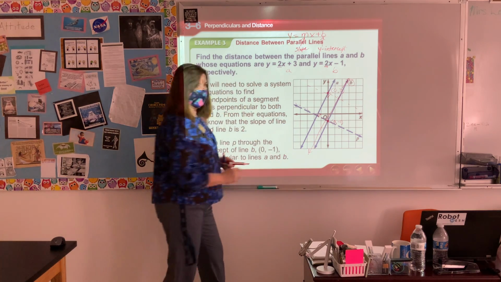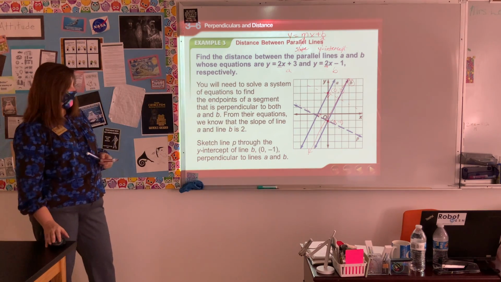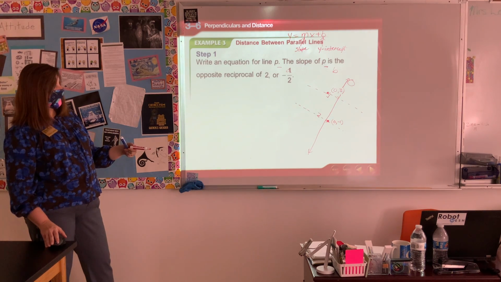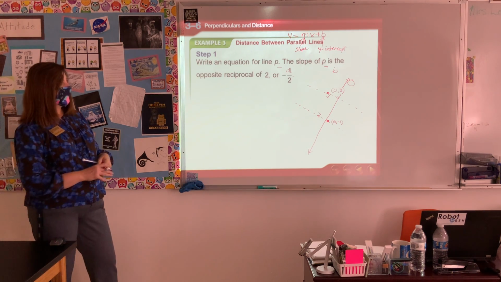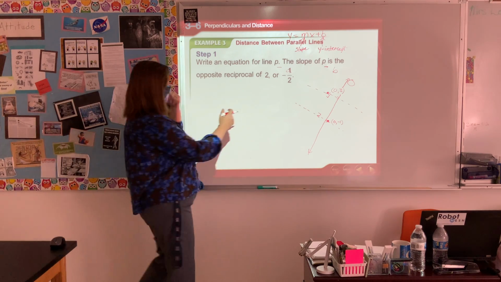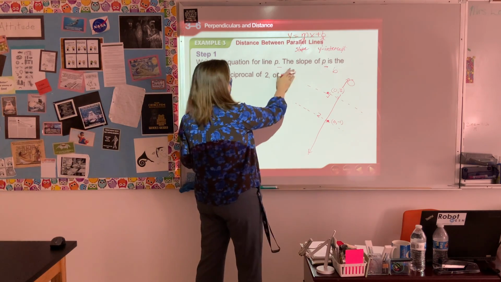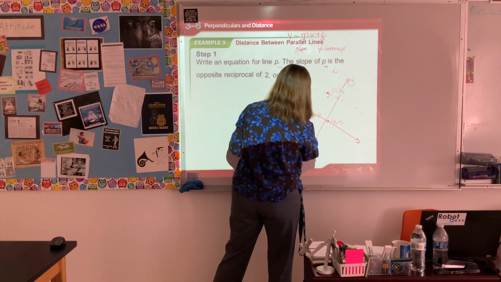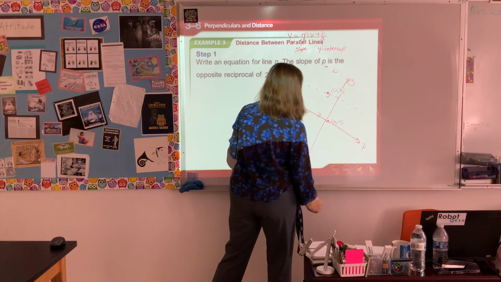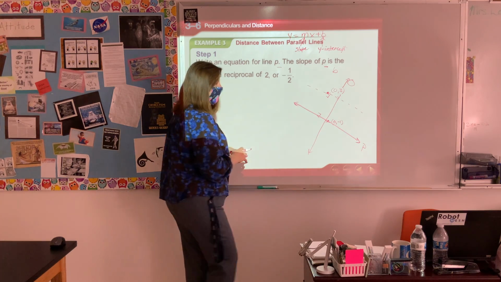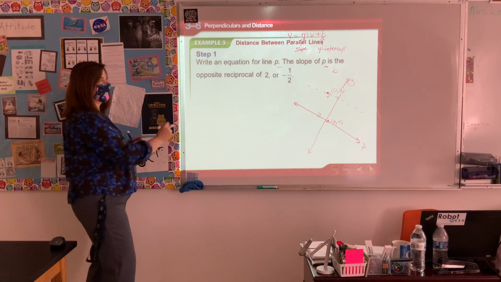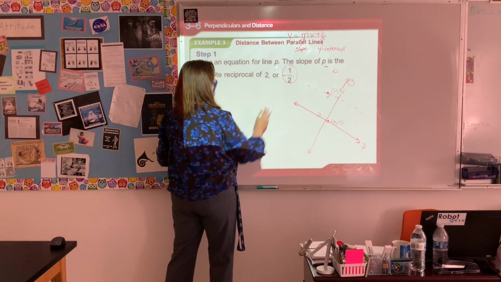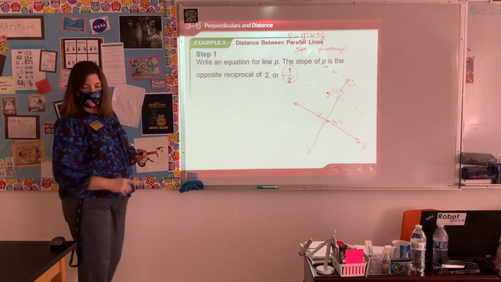Does that make sense? I know the slope, I know the intercept. Okay, and I can write my equation for this second line. This is line P. Okay, my slope is the negative reciprocal, or -1/2.